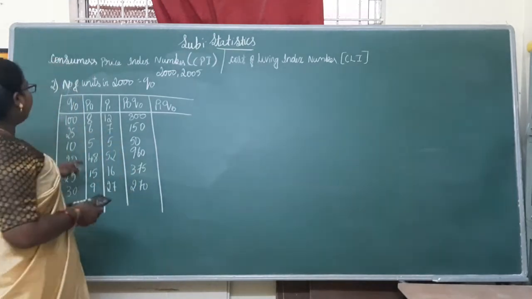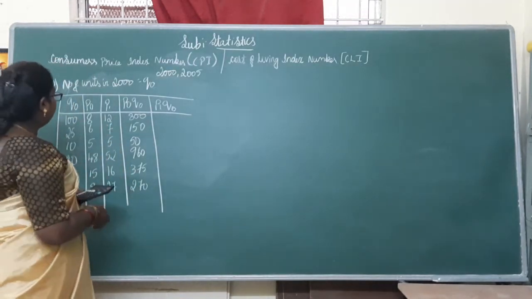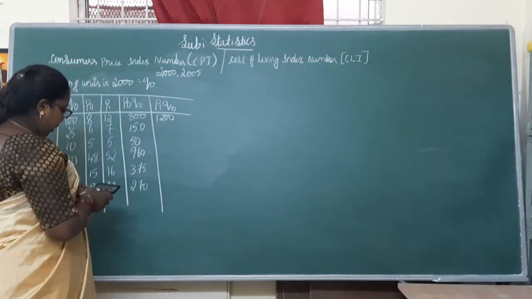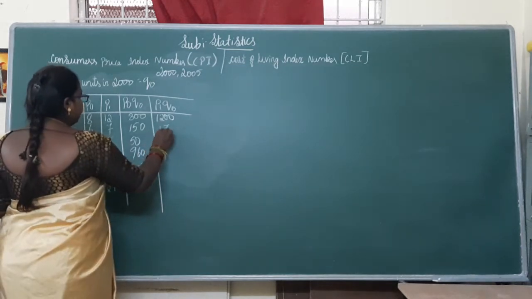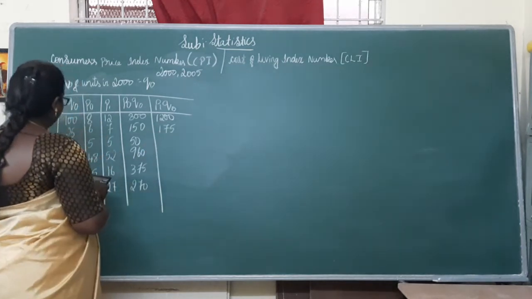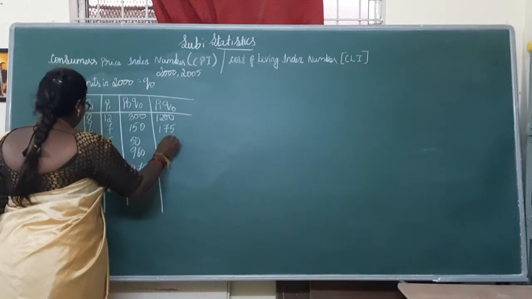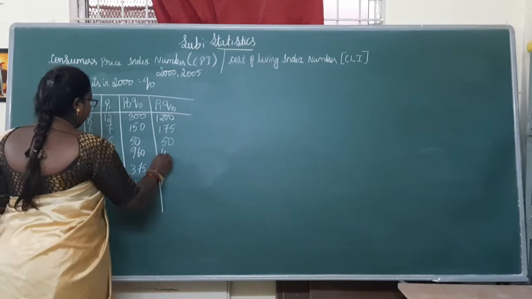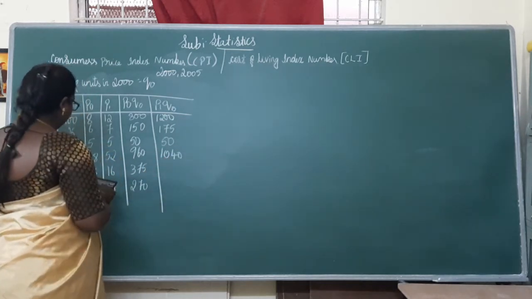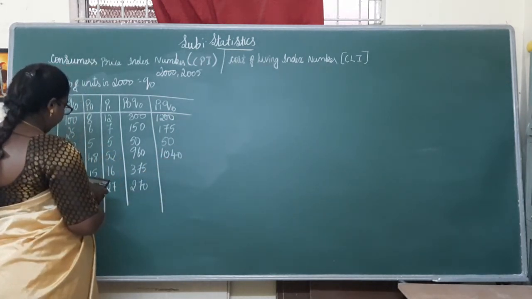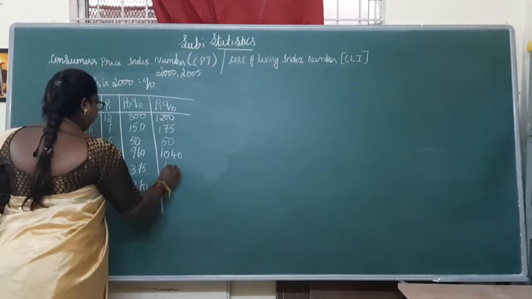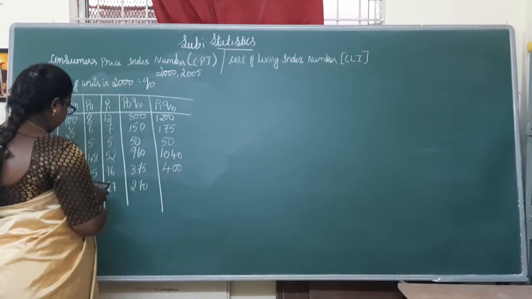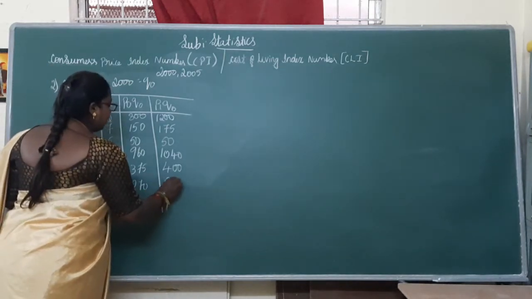Next, my P1 Q0: 1200, 25 into 7, 175, then again 50, then 20 into 52, 1040, then 25 into 16, 400, next 30 into 27, 810.